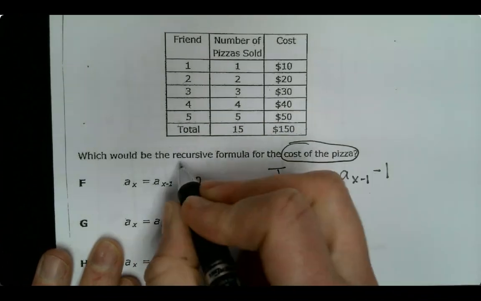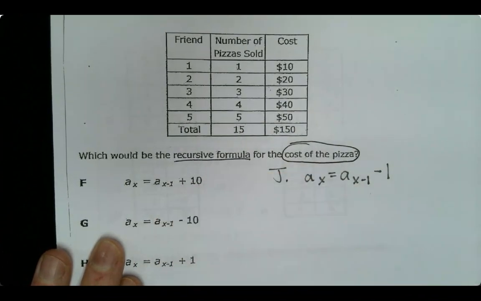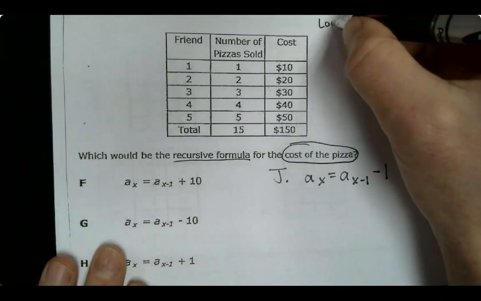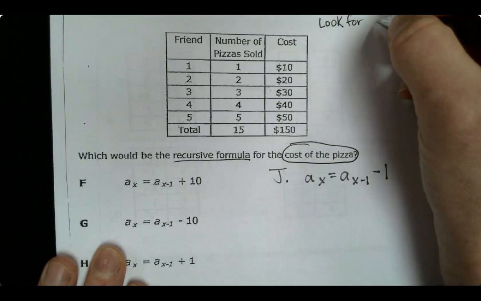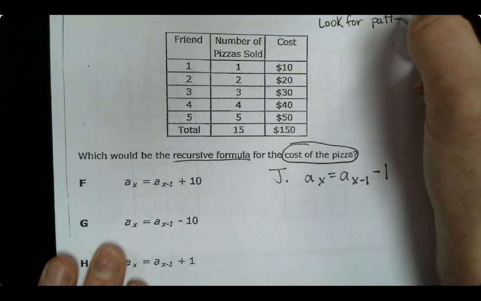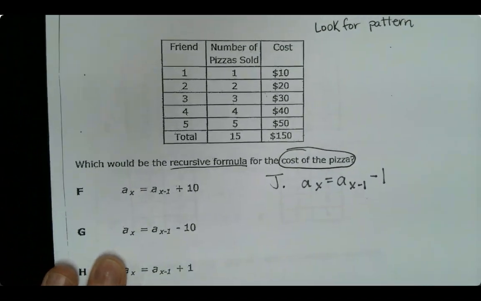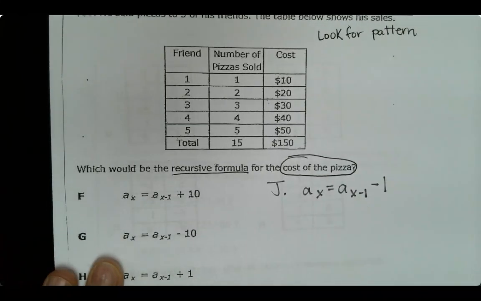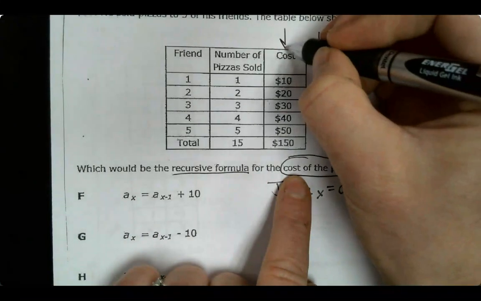When you see the words recursive formula or sequence, what we're looking for is the pattern. And that's going to help us answer this question when we look for the pattern. Cost of pizza. So we're going to look for the pattern here.